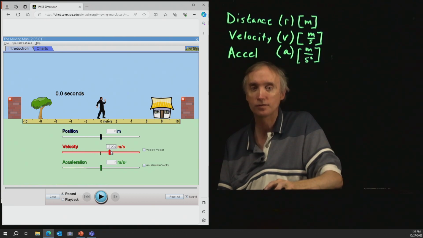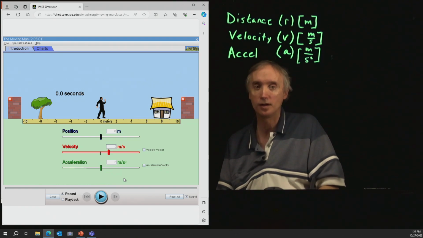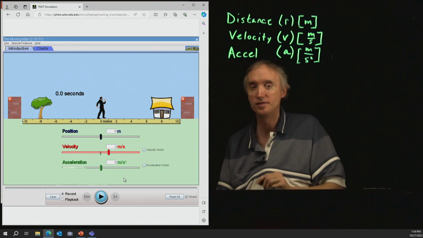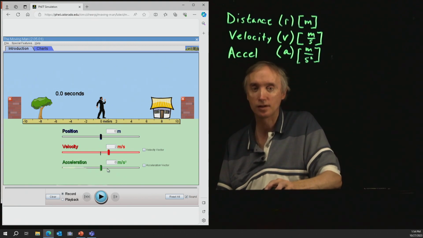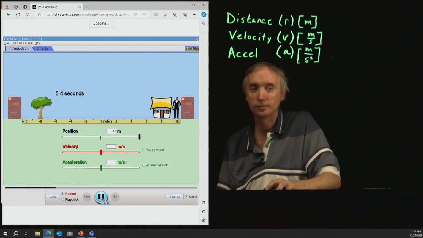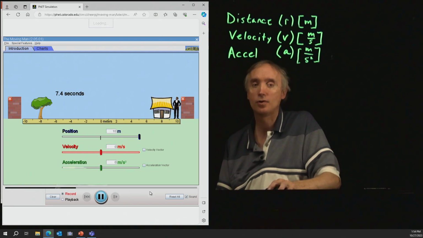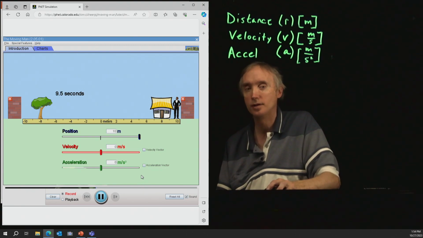All right, so let's first give him a positive velocity but 0 acceleration. So you notice that the acceleration down here is on 0. All right, so let's let him go. All right, and so how would you describe that motion?